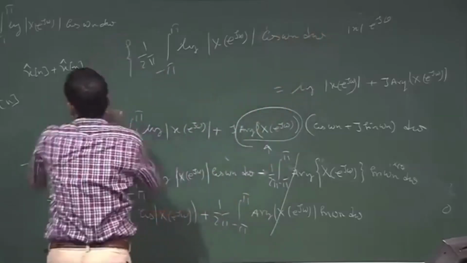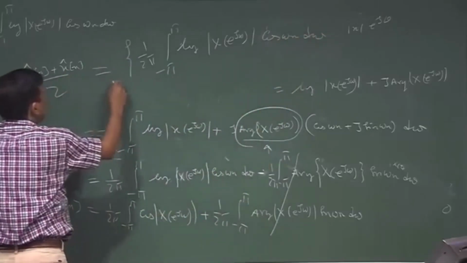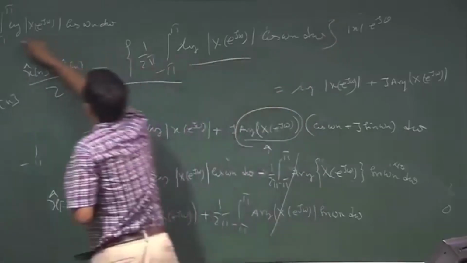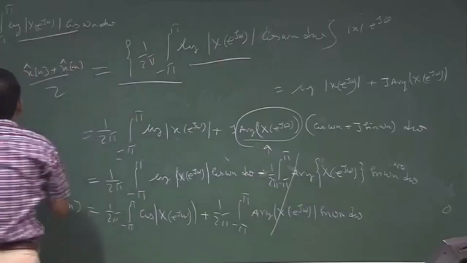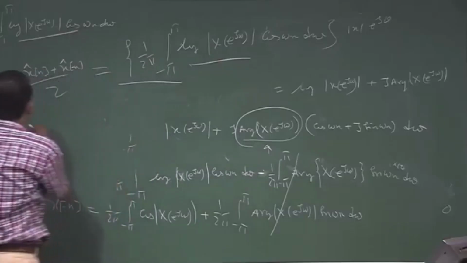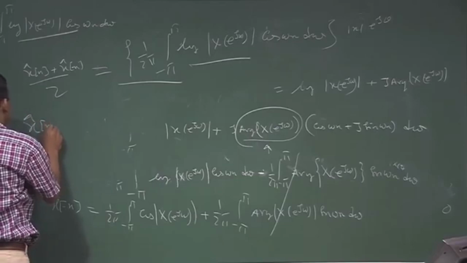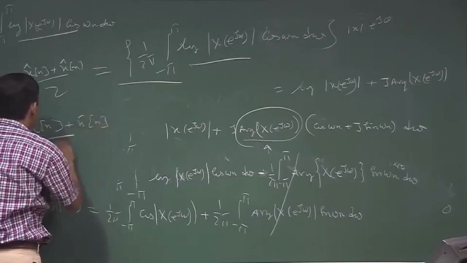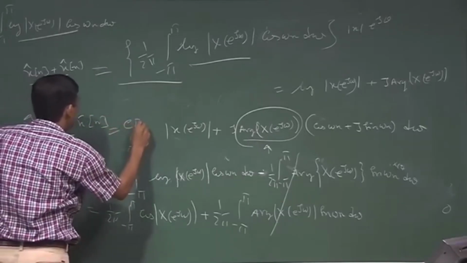If I divide this by 2, it is equal to this. So I can say X cap n plus X cap of minus n divided by 2 is equal to C n.